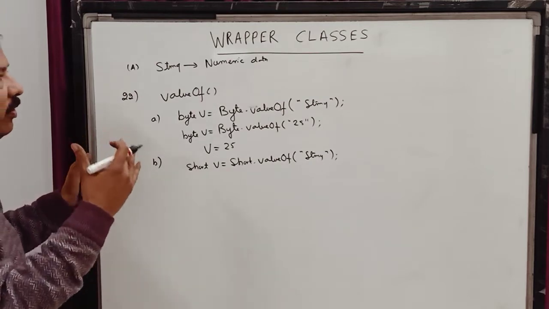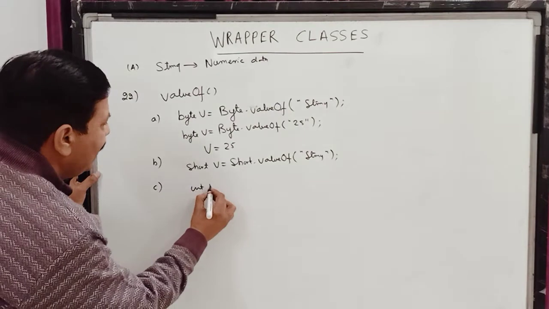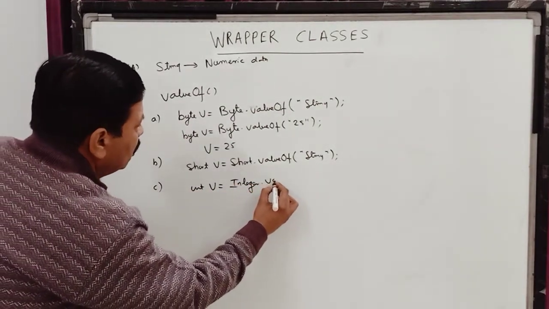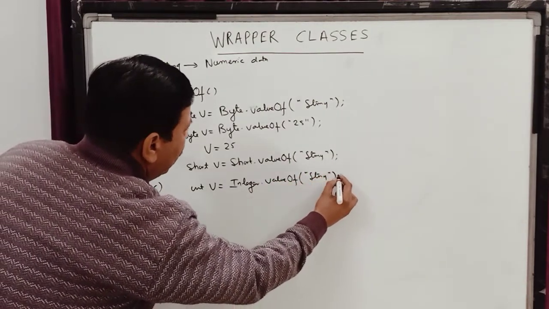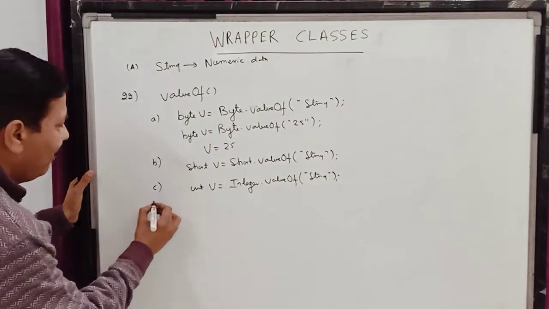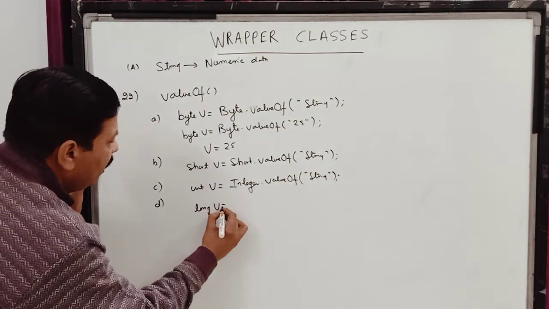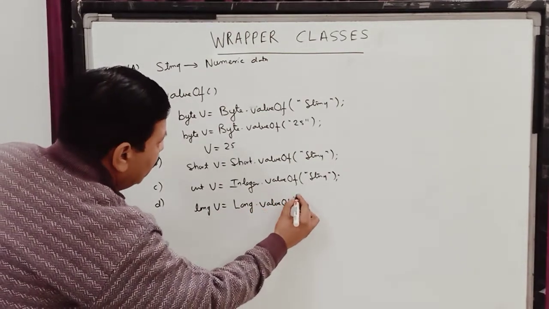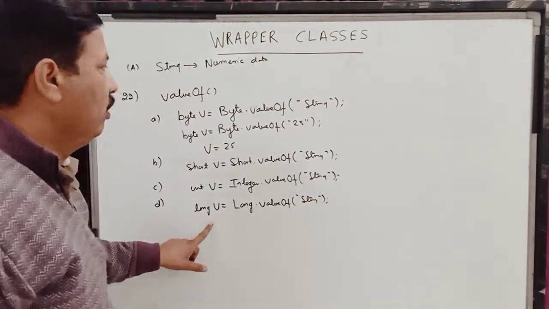Then to convert string into integer data type, we use the syntax int v is equal to Integer.valueOf string. Then we have long v is equal to Long.valueOf of a string, which converts my string value into type long.